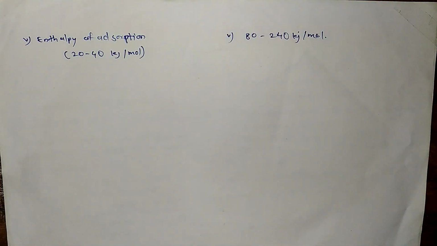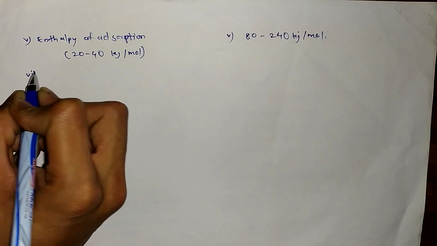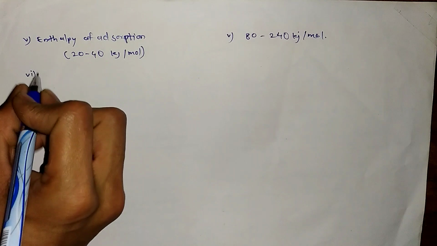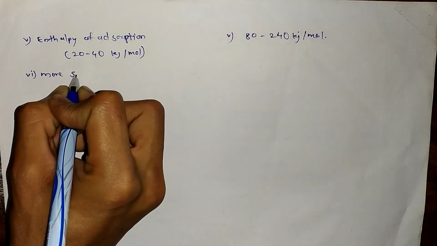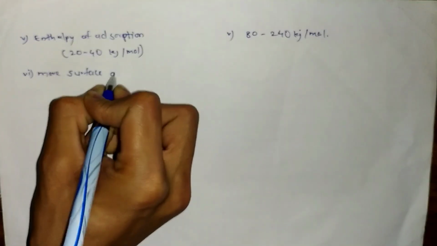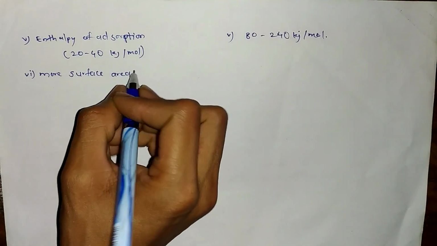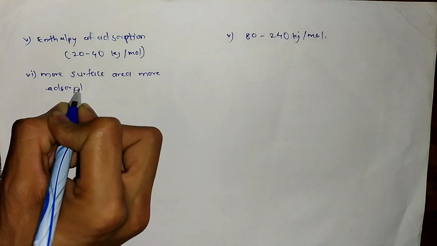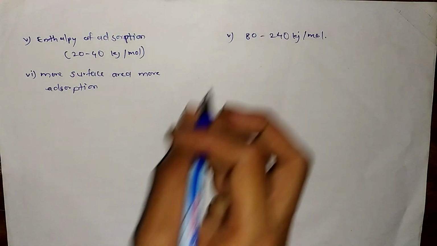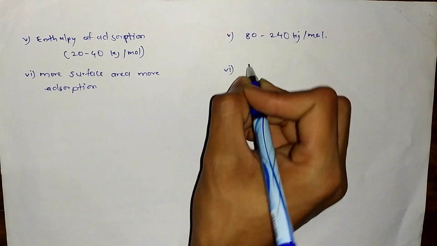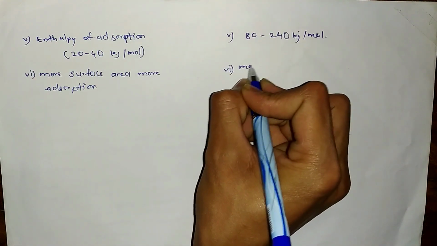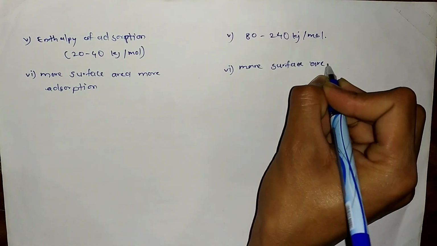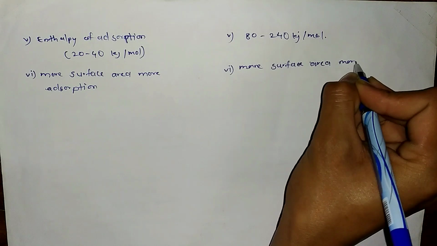The sixth difference is that in physisorption, more surface area means more adsorption, and in chemisorption too, more surface area means more chemisorption.